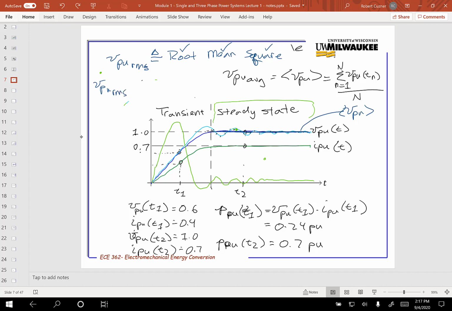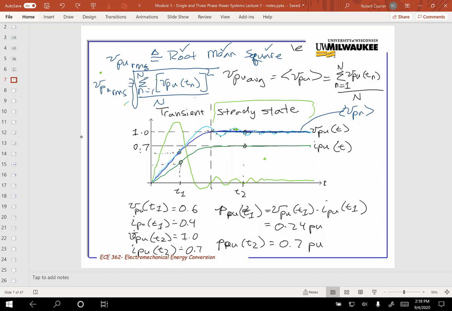So the V per unit RMS equals the square root of the sum from n equal 1 to n of V per unit T sub n squared, divided by n. Now you've got your averaging, and then you're going to take the square root of the whole thing, and you probably get a very similar number.